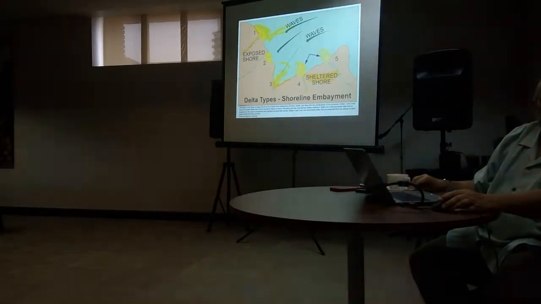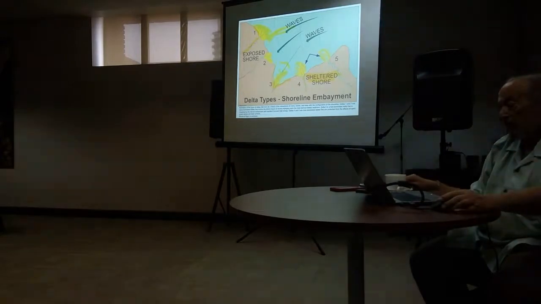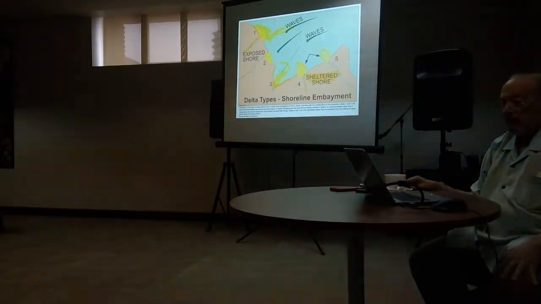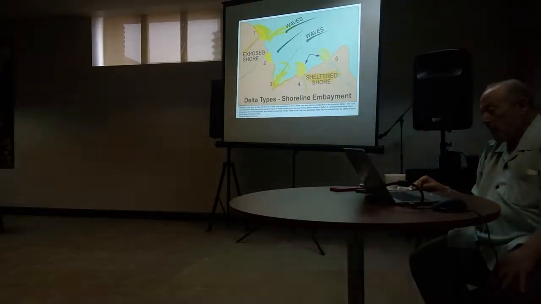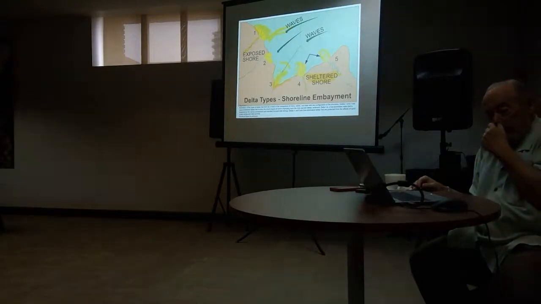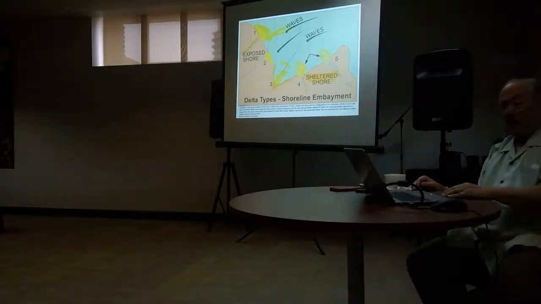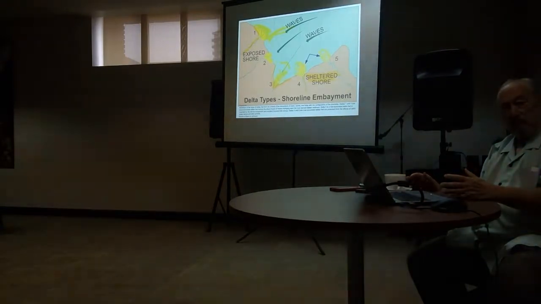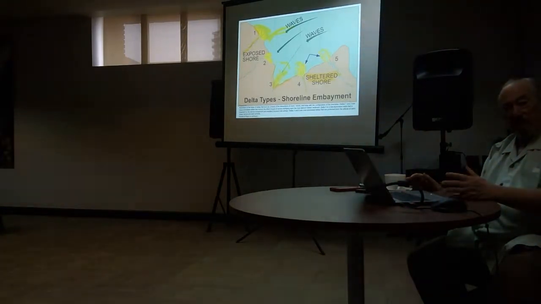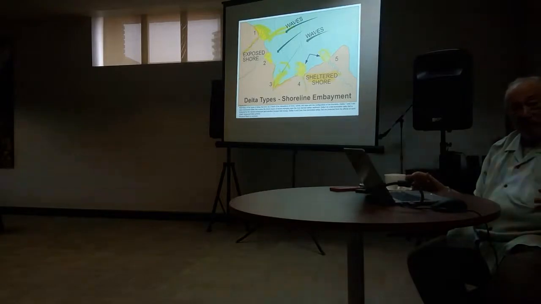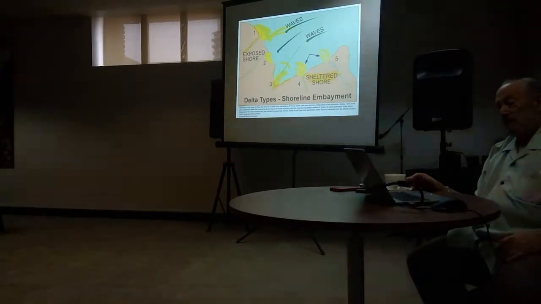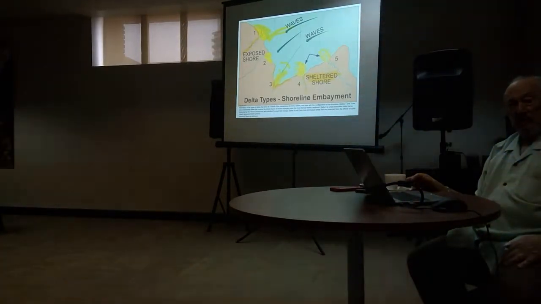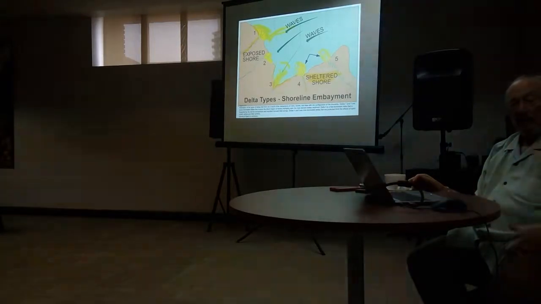So you end up with these different types of deltas. And it's really critical, if you're trying to develop or characterize a delta, that you know what type of delta you have, because they're going to have different geometries. If I come to you and say, what are you working on these days?